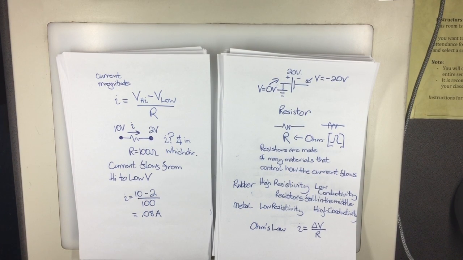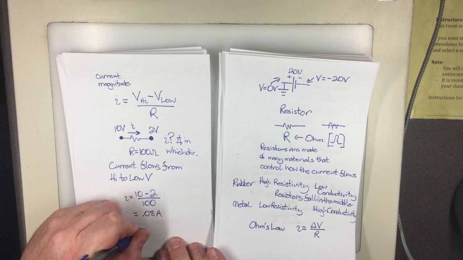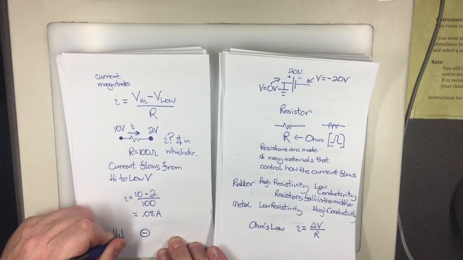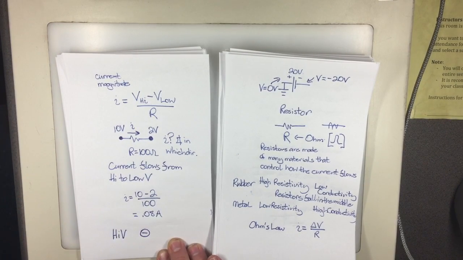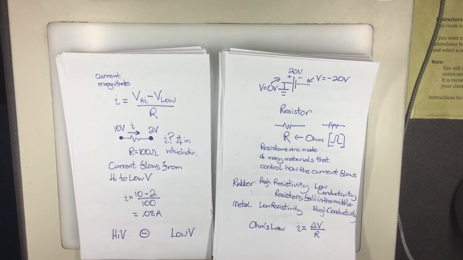The last thing that I'll cover, it's a good thing to end on a little bit of a rant. We have learned that if you have a negative charge and you have a high voltage or a high potential on the left and you have a low potential on the right, in which direction is the negative charge going to move?